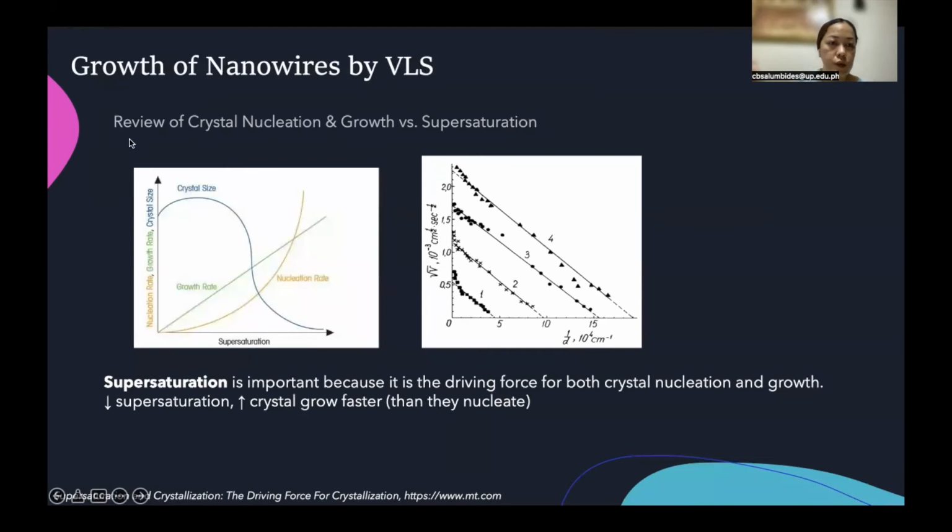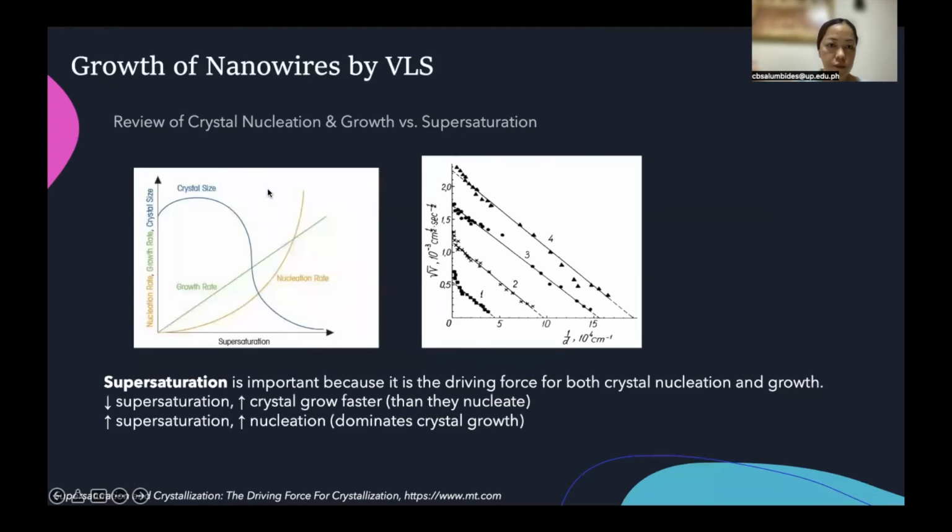From this relationship, at lower supersaturation, crystals can grow faster than they nucleate, and at higher supersaturation, nucleation dominates the crystal growth.